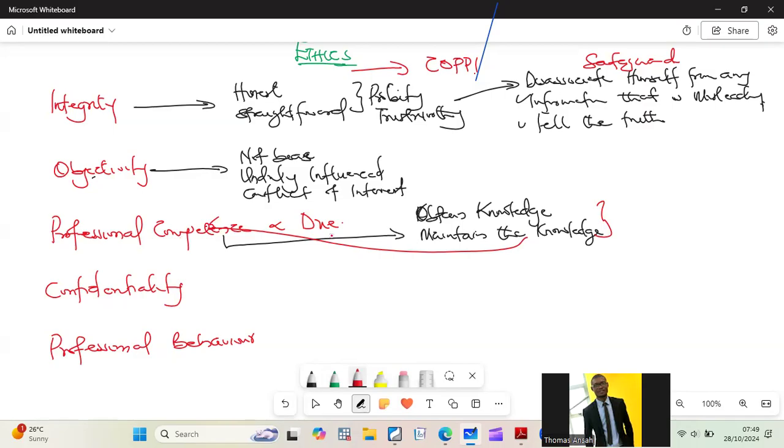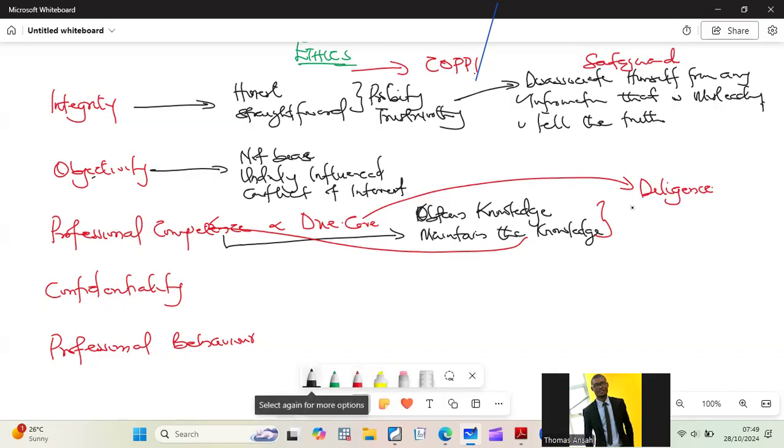Then the due care part. The due care part communicates diligence. What does diligence mean? It means that you do your work according to policy. So if the policy says that you read over your report before you submit it, just read over your report.